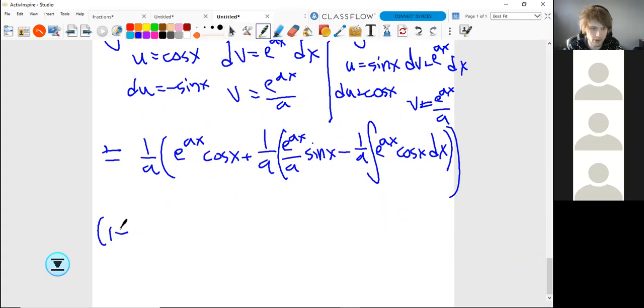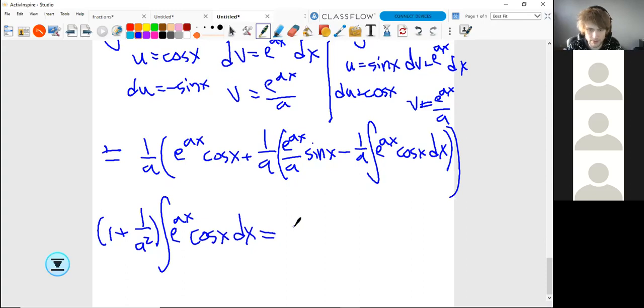So we get 1 plus 1 over a squared times our integral e to the ax cosine x dx is equal to e to the ax over a times, I guess I should put this on the outside, e to the ax over a squared, it's going to be a cosine x plus sine x.